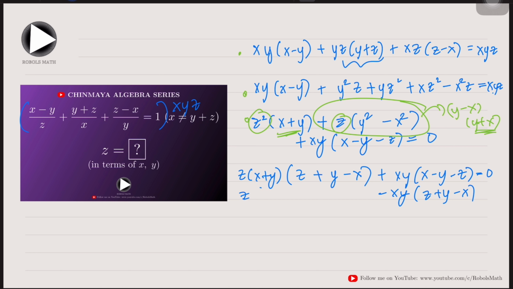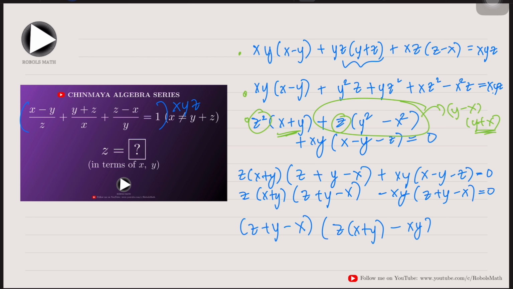So this first term here will be as it is, and then the second one would be the factored expression equals 0. From here, we have a common factor that is z plus y minus x. If we factor that out, we get (z plus y minus x) times (z times (x plus y) minus xy) is equal to 0.